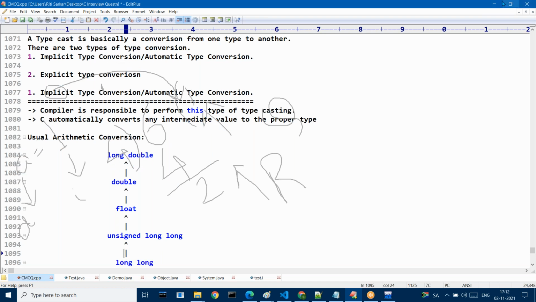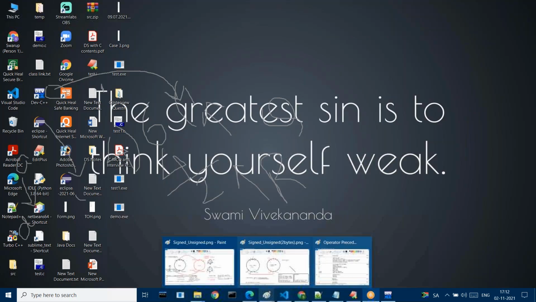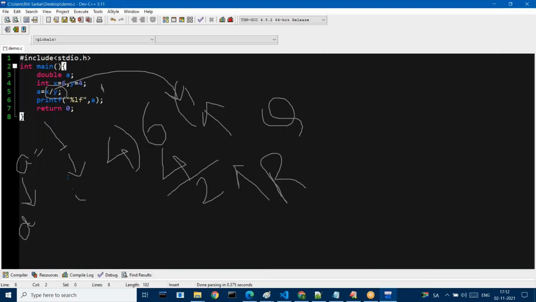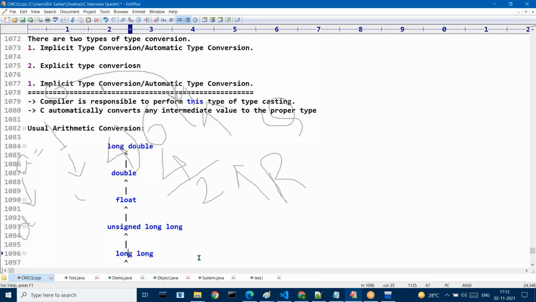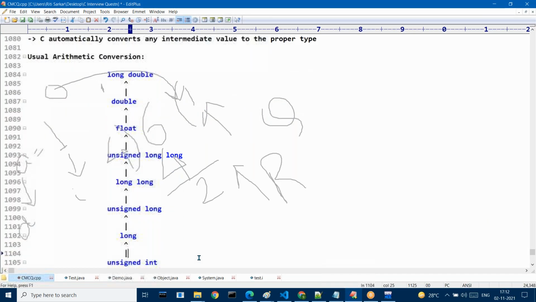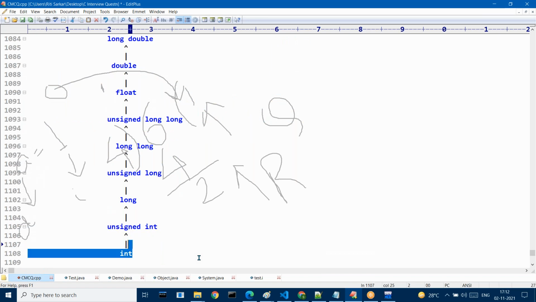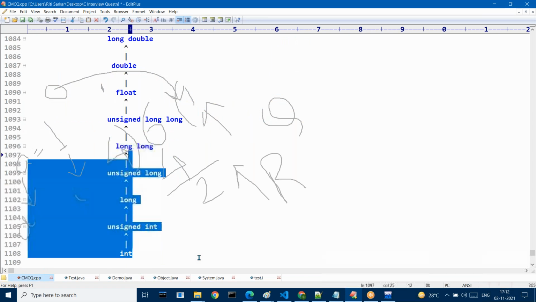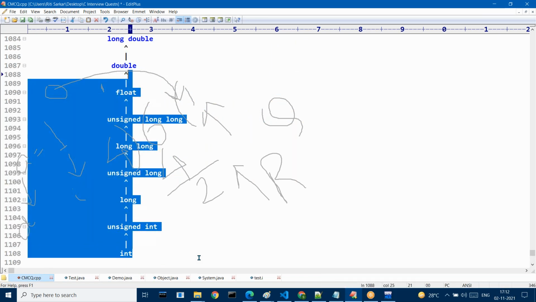So currently, as per our example, the value is 1, which is int type, and A is double type. Now, as per this chart, the int data type will be automatically converted to double.